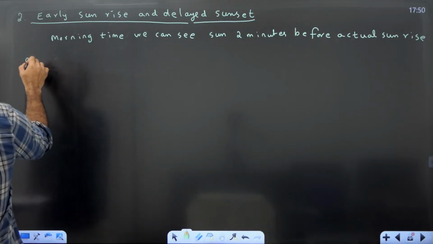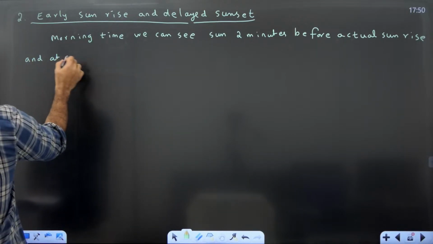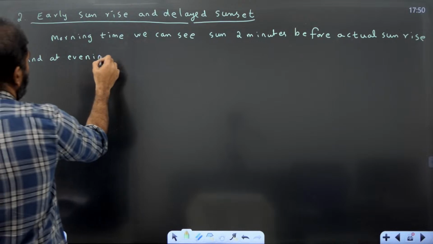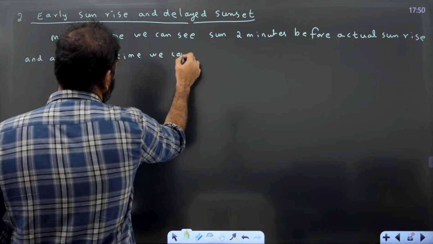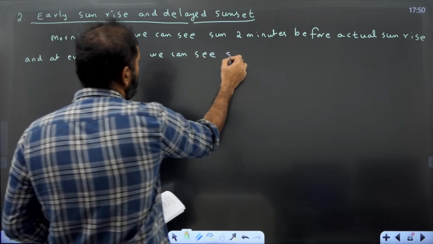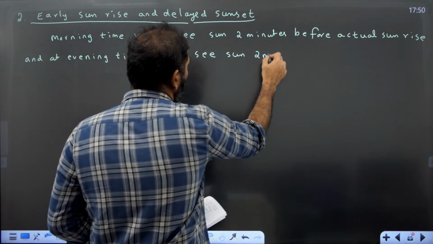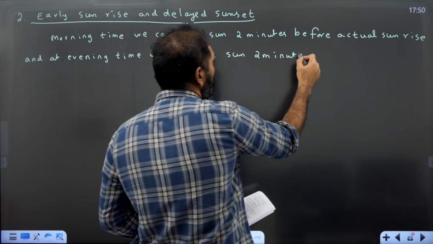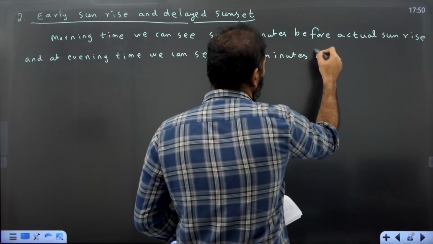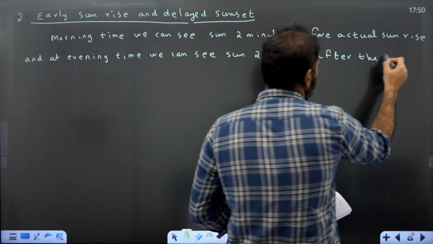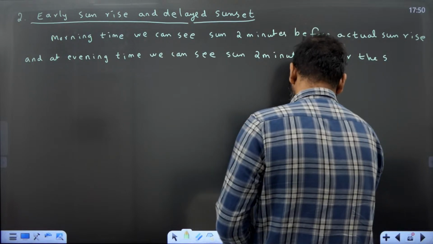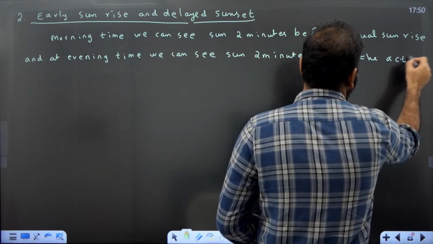And at evening time, we can see sun 2 minutes after the actual sunset.